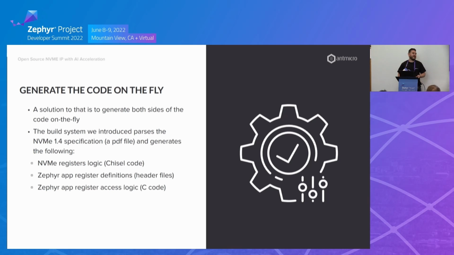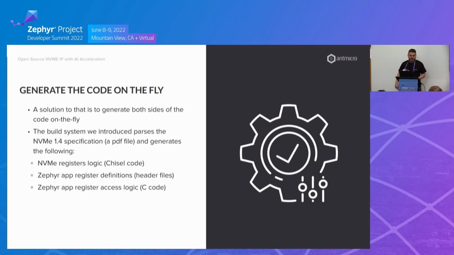But fortunately, there are some Python libraries. Python has a solution for everything. So we extended the whole build process with a few Python scripts that read the PDF and generate the underlying logic, like RTL code. In our case, that was Chisel, and then Chisel generates Verilog. And of course, the C code and header files for Zephyr.